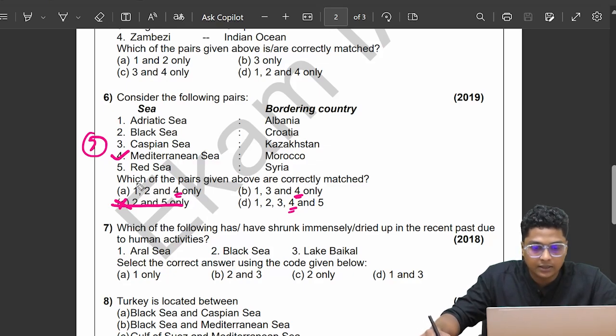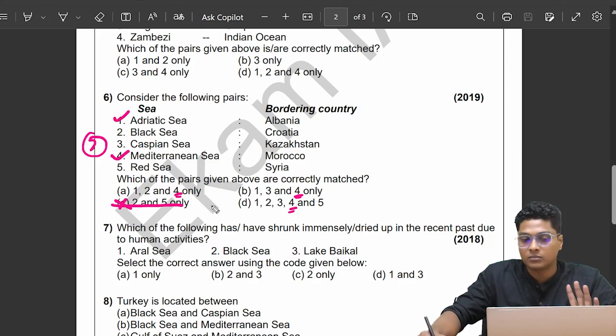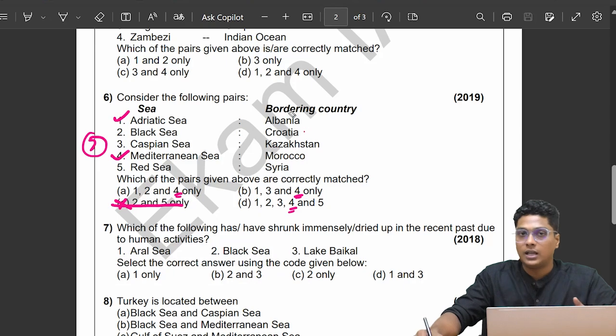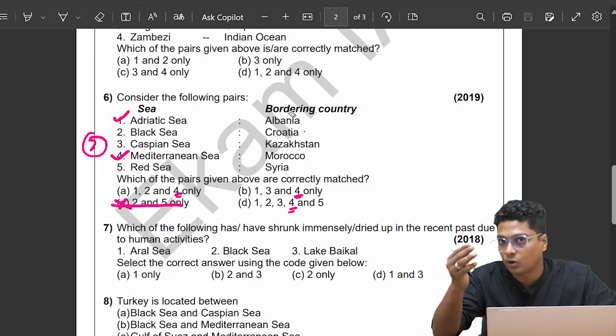Now compare: is there any repeating option? 1 is already correct, because of that we got this. Then 2 and 3. 2 is in the first option and D option. 3 is in B and D only. Now going to 2. Black Sea, Croatia. We have seen earlier that Croatia is not located on the Black Sea.